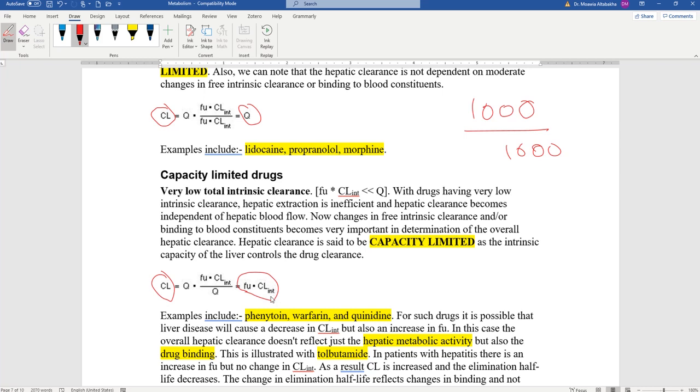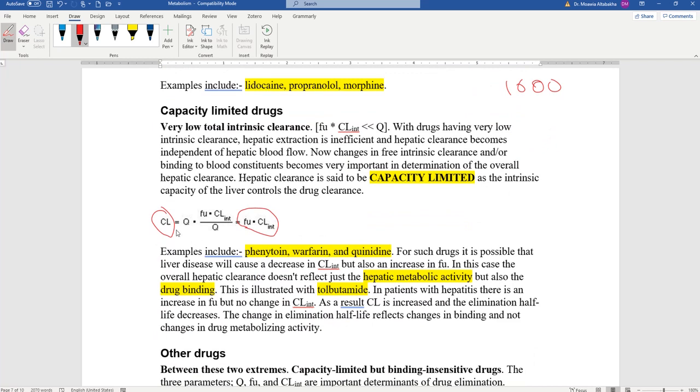Or maybe the intrinsic clearance is affected but not the fraction unbound. So you need to be careful. Sometimes the intrinsic clearance is not affected but the fraction unbound increases, and that will cause the clearance to increase. So you have to take both into consideration.